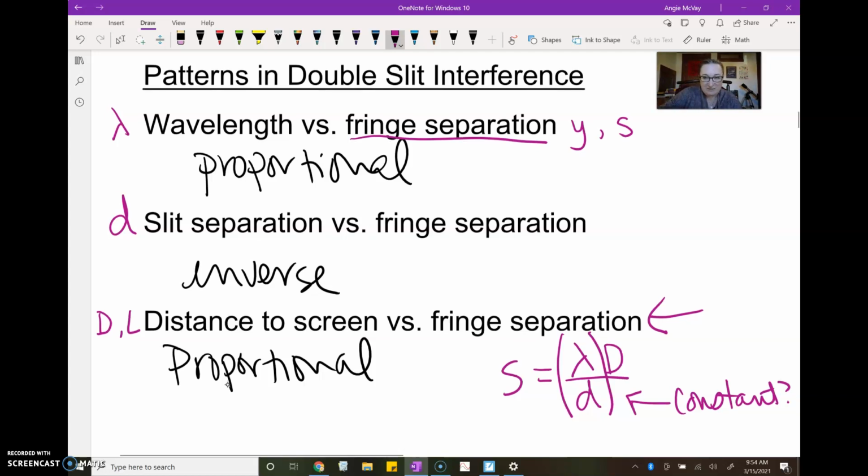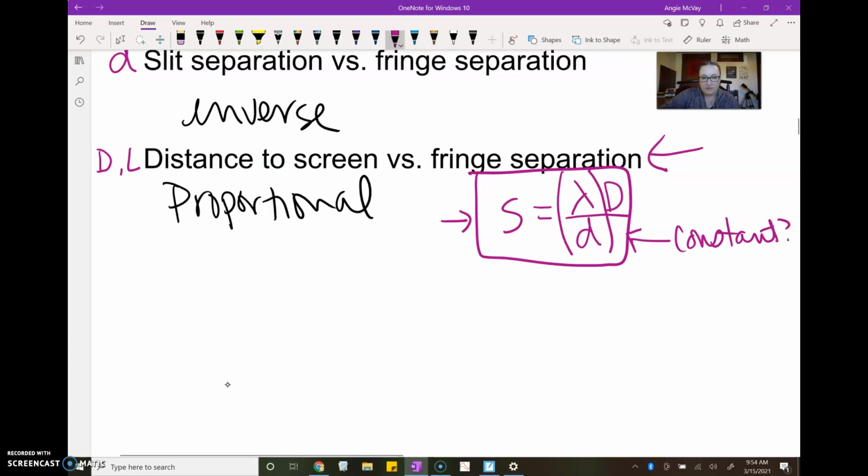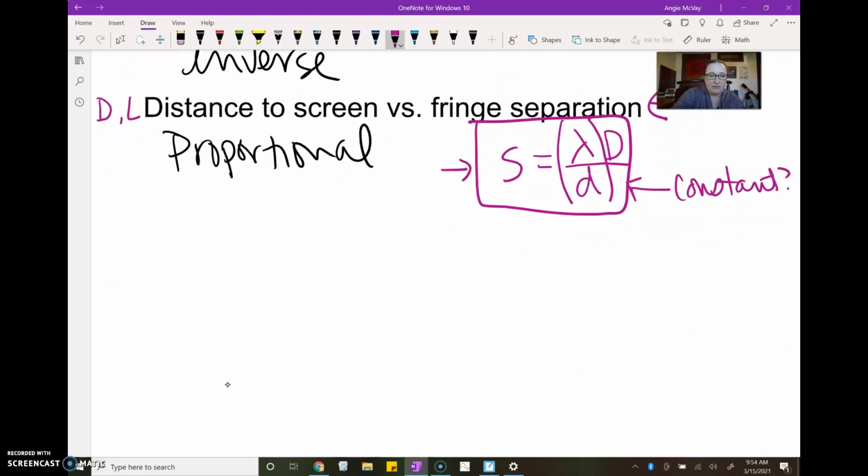This is the actual equation. All right, so this is the actual equation relating fringe separation, wavelength, distance to the screen, and slit separation for double slit interference. Okay, so let's write this again.